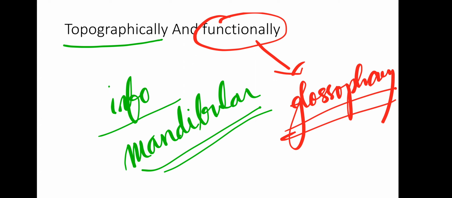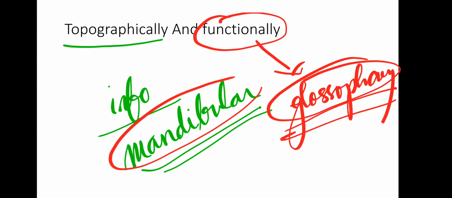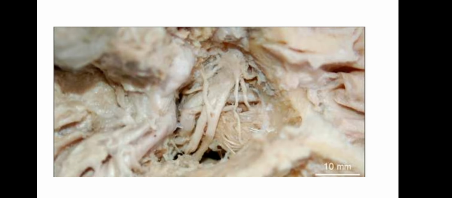The information is actually provided by the glossopharyngeal nerve, but it will look like it is carried by the mandibular nerve because of its postganglionic fibers.